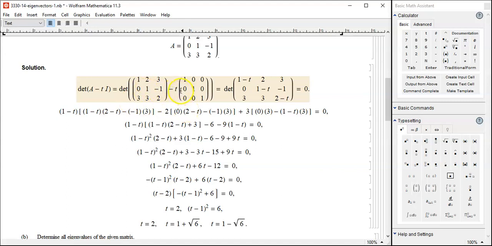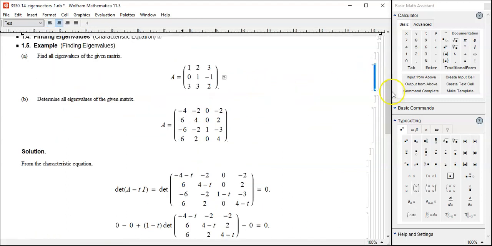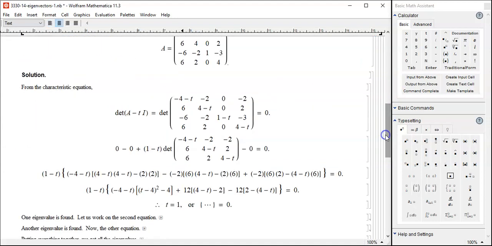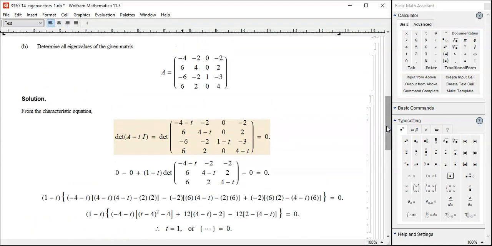A minus tI, and tI we get t, and those are subtracted over there. Likewise, we do the same thing to this principal diagonal. Minus t, minus t, minus t, minus t. Everything else stays the same. And let's do the determinant computation.